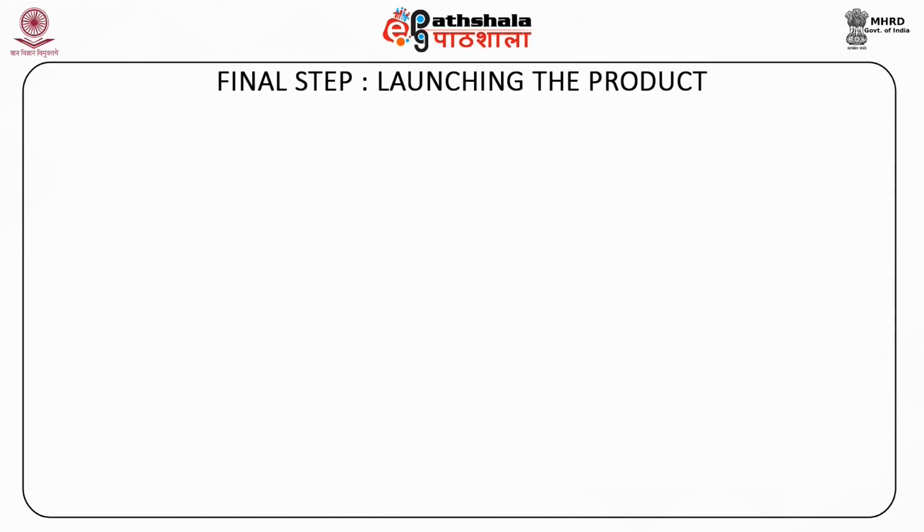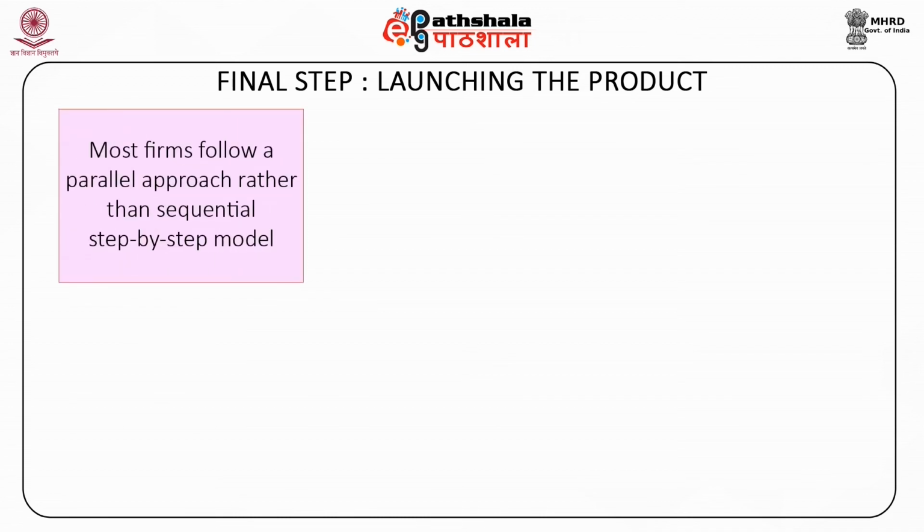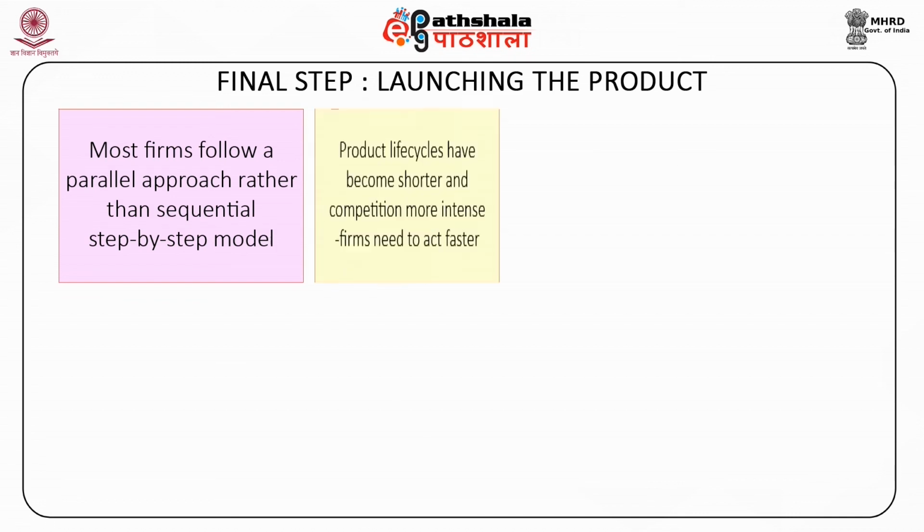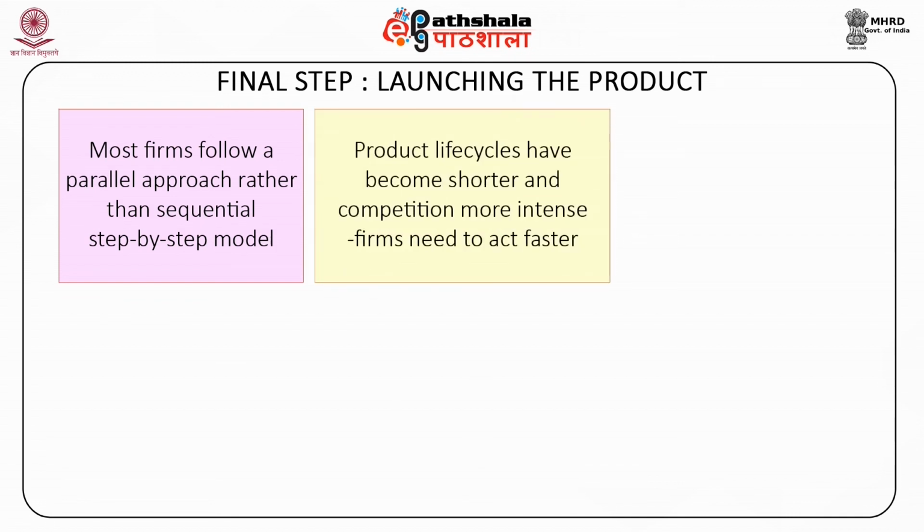While the above steps clarify the entire process of new product development, most firms these days prefer to follow a parallel approach rather than the sequential step by step model. This is due to the fact that product life cycles have become shorter and competition is more intense. So firms need to act faster.